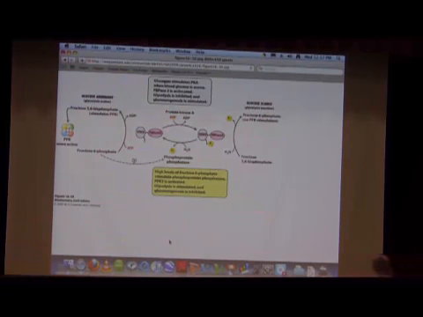PFK2 is active when the enzyme is not phosphorylated. There are two different activities in one enzyme, and only one activity is present. PFK2 is active when there's no phosphate on it.